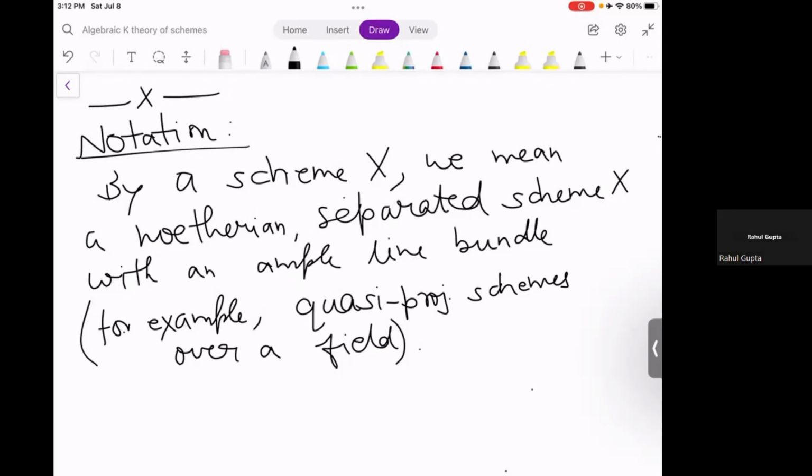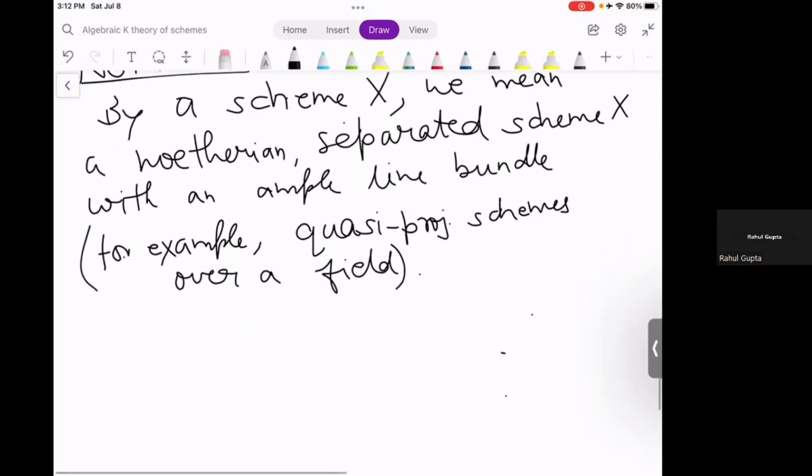So I'm going to always assume X to be of this type, even if the definition and many properties will make sense for any scheme. But let us not go there today.